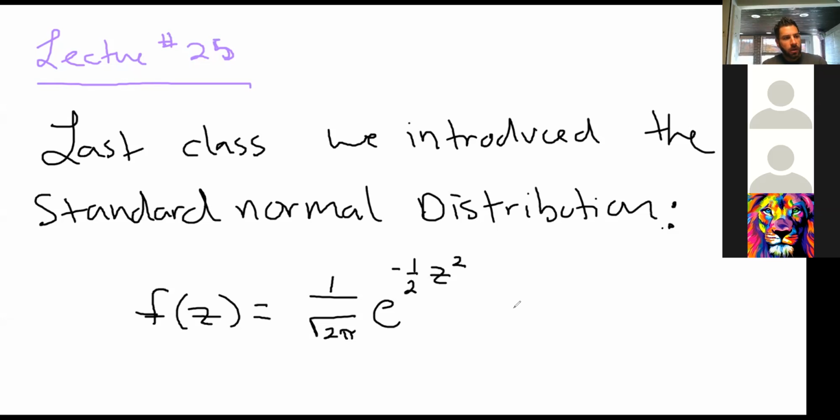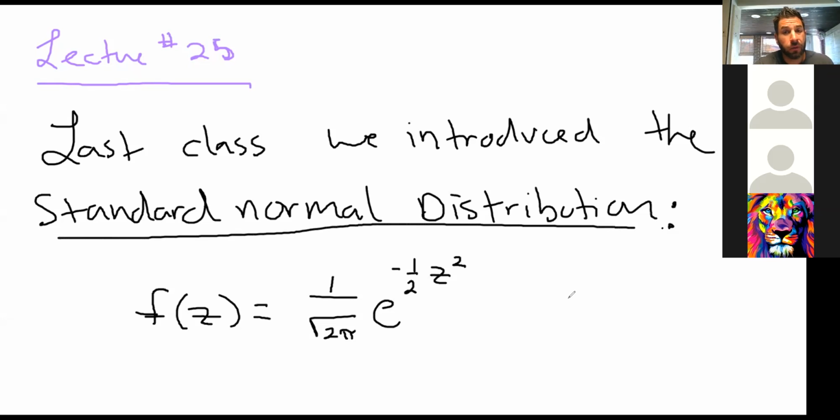And that's okay. What we need you to do is just understand that there's this thing called the normal distribution. You do not have to memorize this. Now, if you want to, you can, but you're not going to be asked to repeat it on a test or anything from memory.